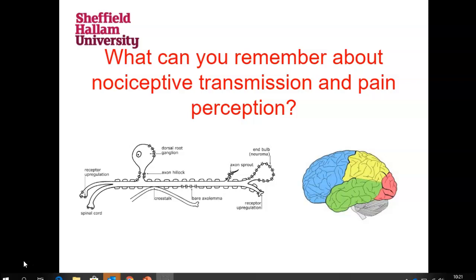So, for example, the information might trigger a flexor withdrawal action, but we'll also get transmission of that information up to the brain, where the incoming information is going to go via the thalamus to the somatic sensory cortex and a range of other areas in the brain, and the brain is then going to respond from a behavioural perspective in a range of ways depending on the perceived threat level or danger level of that incoming sensory information.